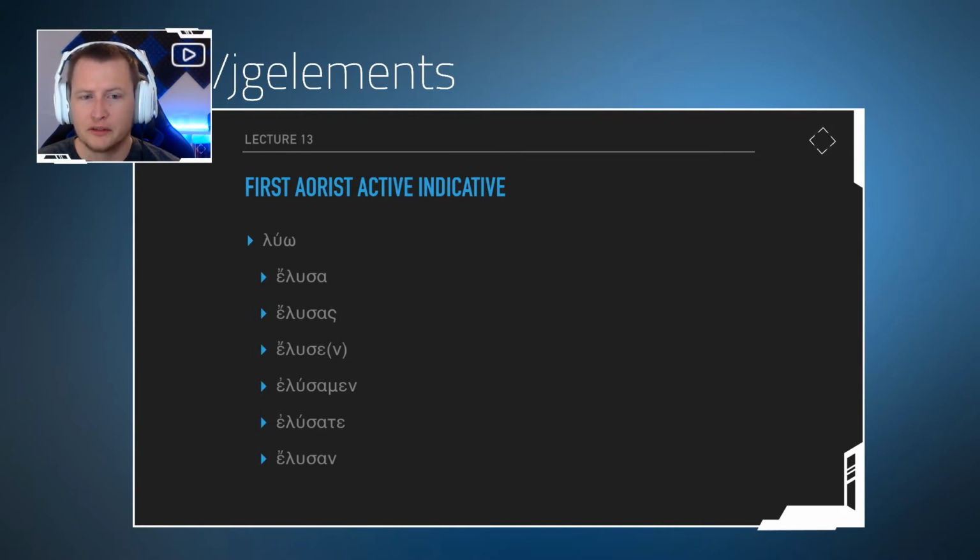Second person singular, elusas, you destroyed. Third singular, elusen, he destroyed. First plural, elusamen, we destroyed. Second plural, elusate, you all destroyed. And third plural, elusan, they destroyed.